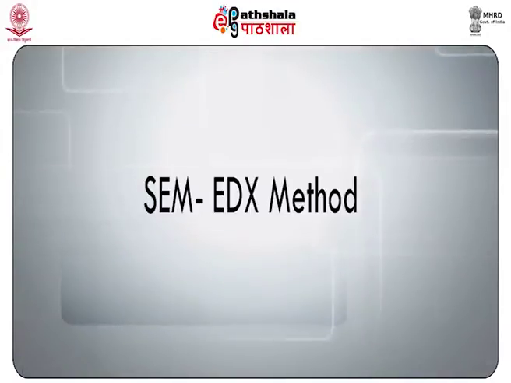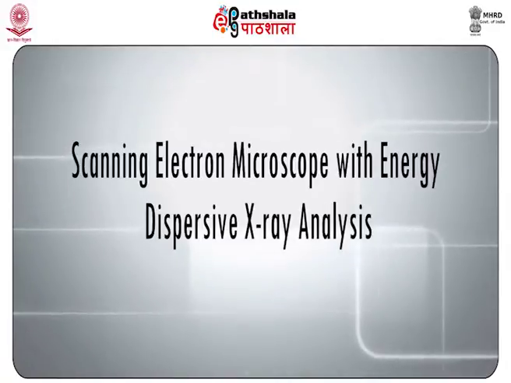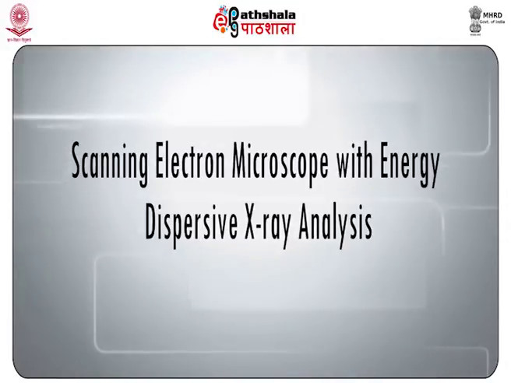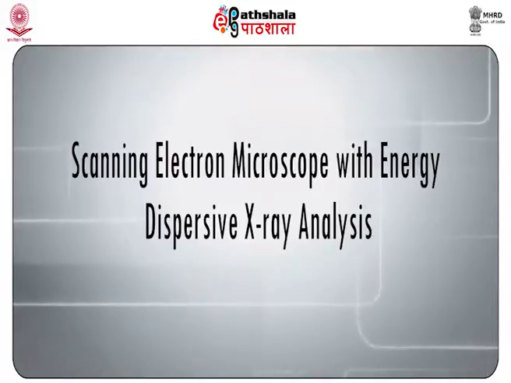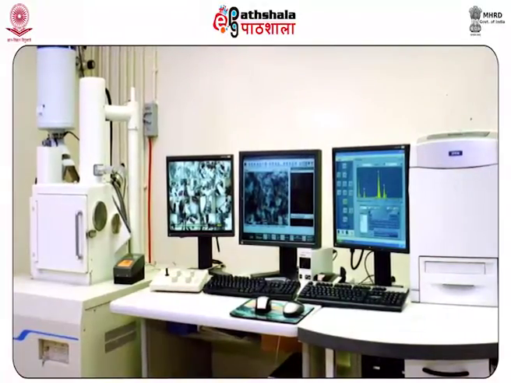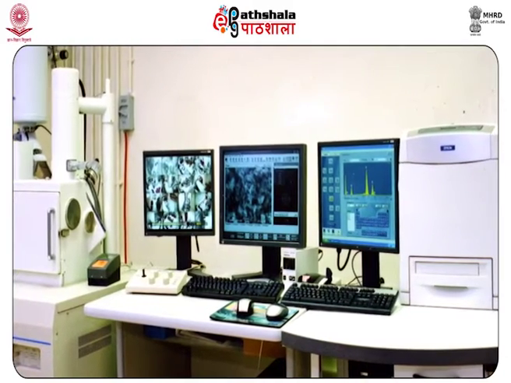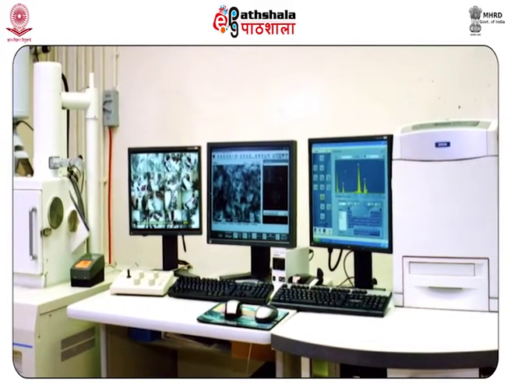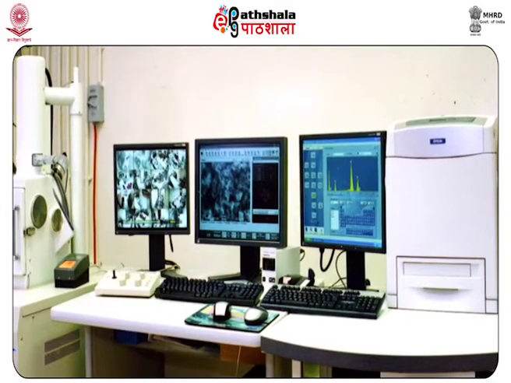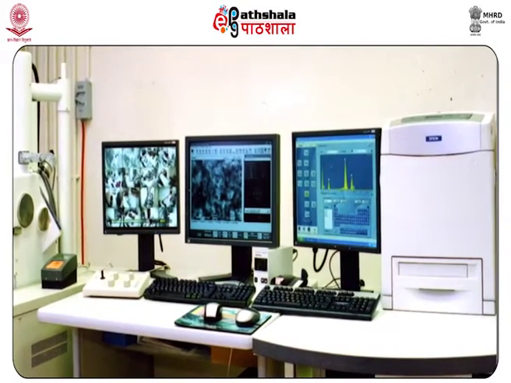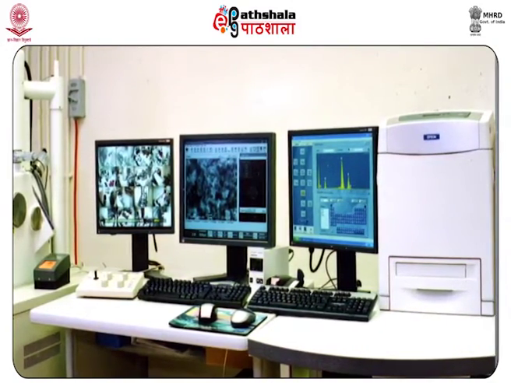Let us have a look at the SEM-EDX method: scanning electron microscope with energy dispersive X-ray analysis. Now, primary electrons having higher energy are made to fall on the particles under analysis. The X-rays emitted are then detected by an X-ray detector.